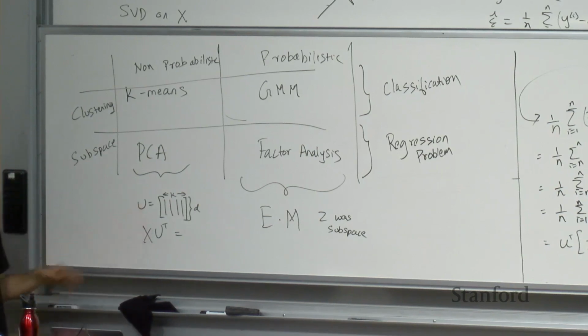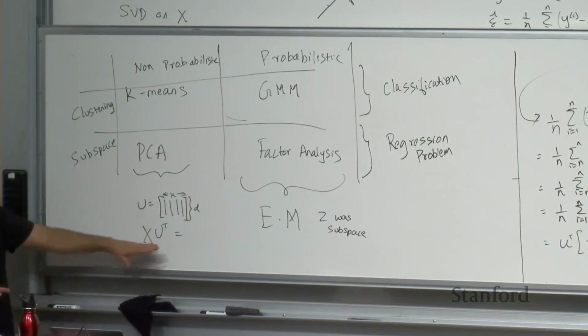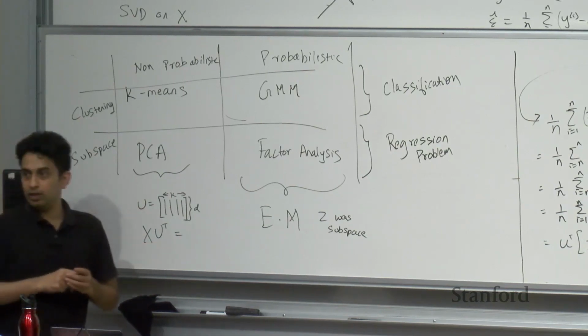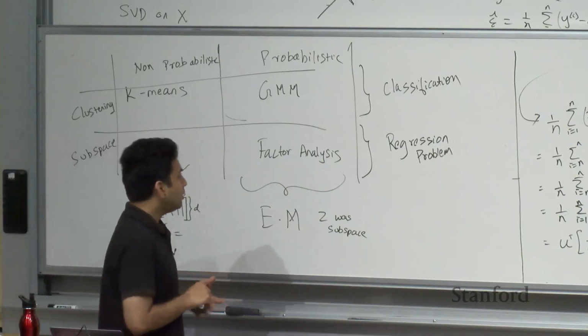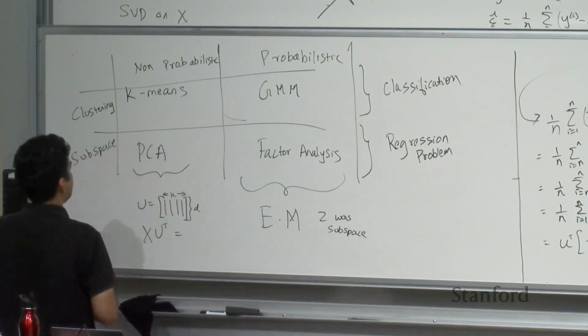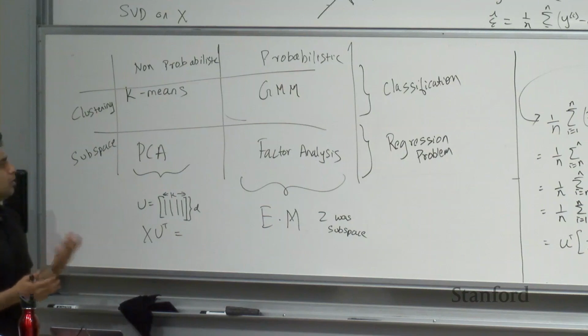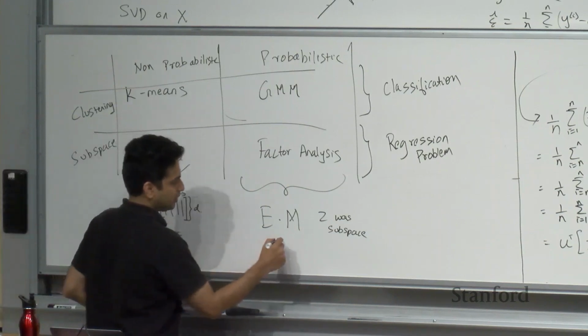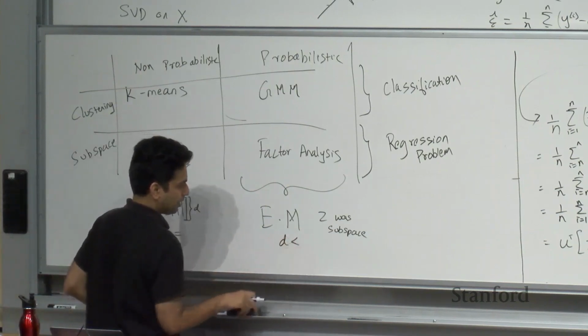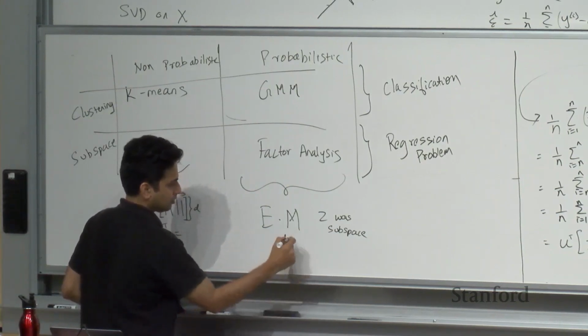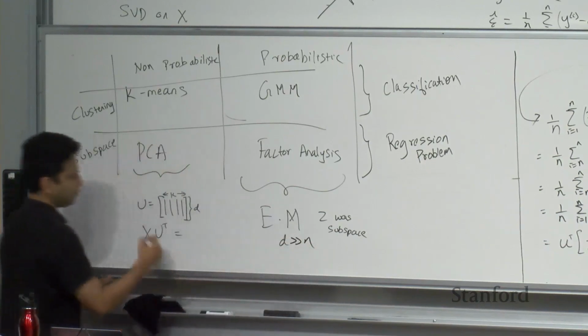So that's like projecting it onto U because they have unit lengths, and xu will give us the subspace. Now, you might ask what else is different between factor analysis and PCA. The other difference in factor analysis, we assume D was much bigger than N, but here we made no such assumption.